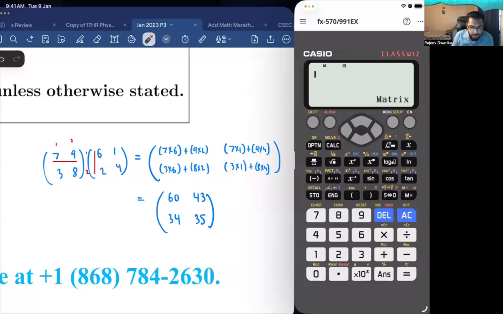Are you with me so far? Then you're going to press OPTN. You're going to press 3 for matrix A, multiply, press option again, then press 4 for matrix B. And when you press equal, you're supposed to get the answer.